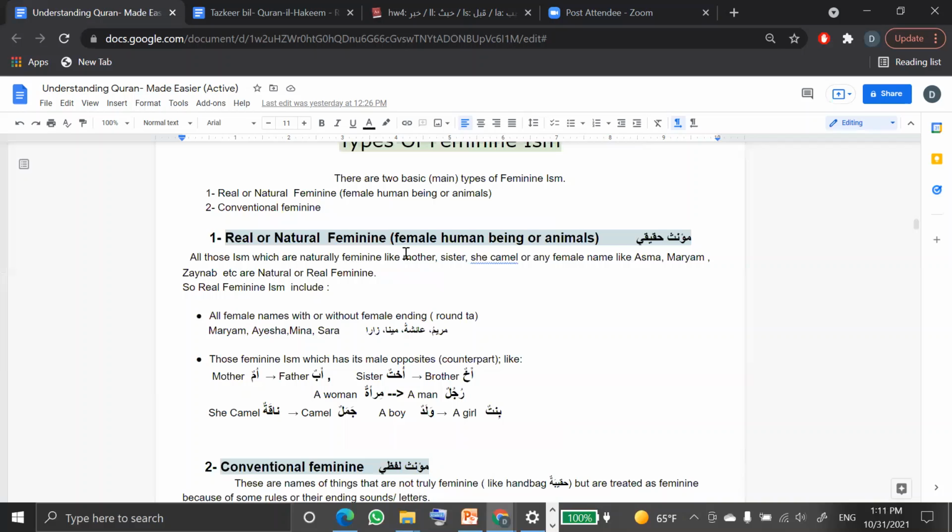Remember last time we did the real or natural feminine? These are feminine because they are actually females. When you see any female name like Maryam, Aisha, Meena, Zara, these are automatically feminine isms.